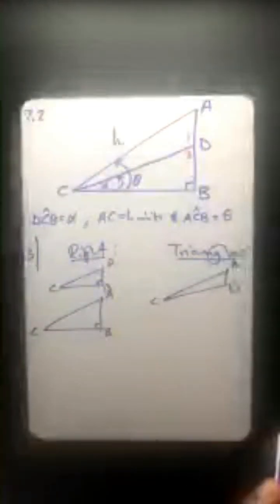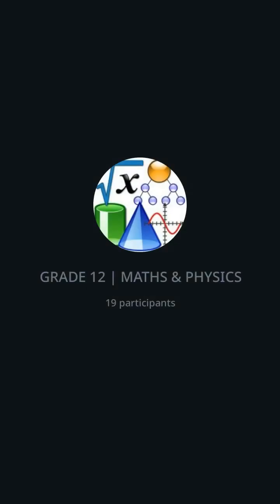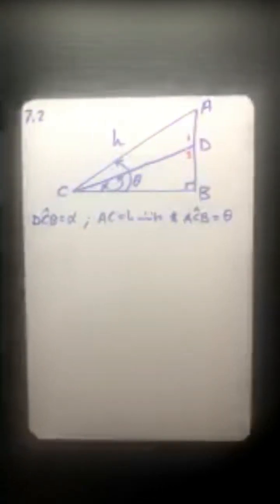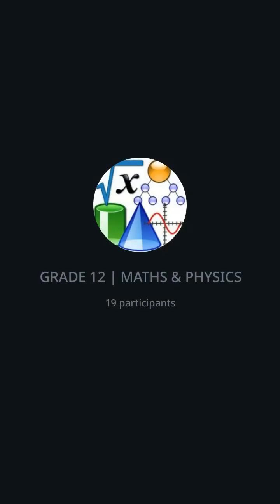This type of interpretation, Jackie, helps you to know which formula you're going to use with which triangle. It is very important that you are able to interpret the diagram that you are given. If you can do that, this chapter has limited information. You won't need to struggle that much if you can interpret the given data.